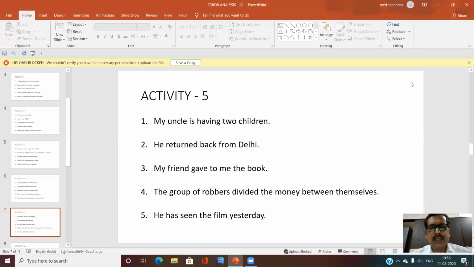Next, he has seen the film yesterday. So this sentence is in the present perfect tense, but it has to be in the simple past tense because the work is completed, and when the completed work is mentioned in the sentence with the word yesterday, that sentence has to be in the simple past.